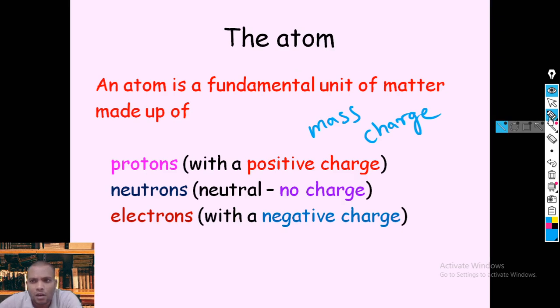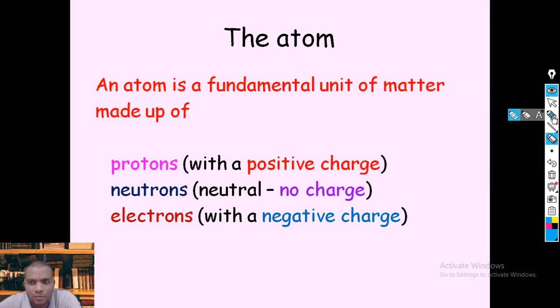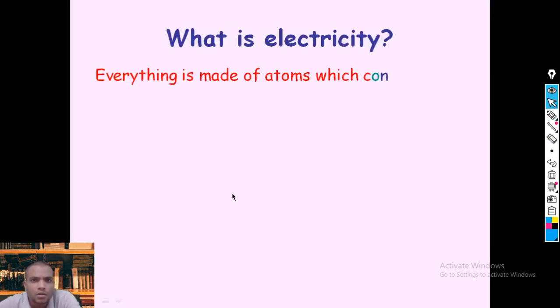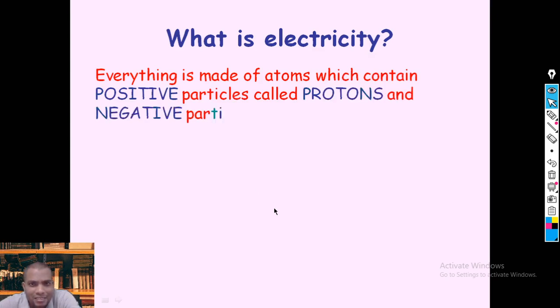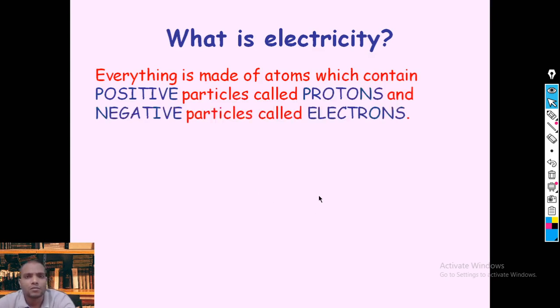An electron also has mass and has charge as a property. And neutrons, very very important, have only mass but do not have charge. So to describe electricity, we need to know about these electrons.